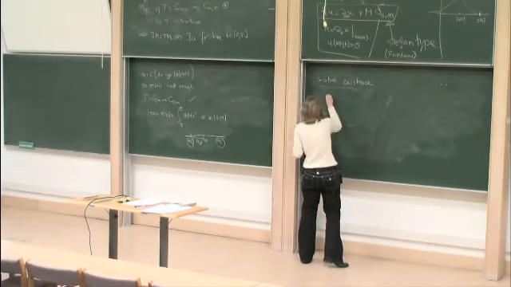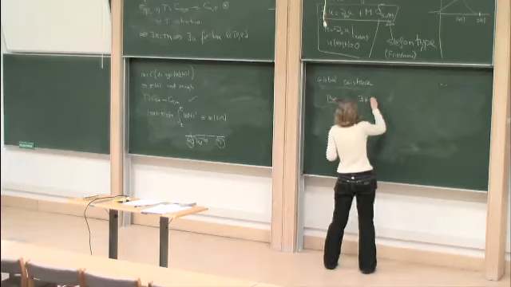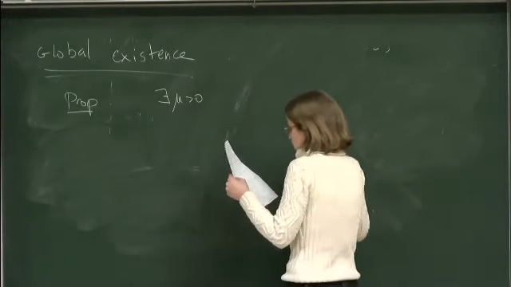But then you show the following proposition: there exists mu positive. Okay, it's going to be small, but who cares?